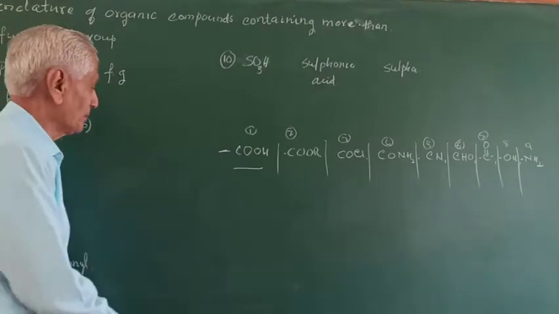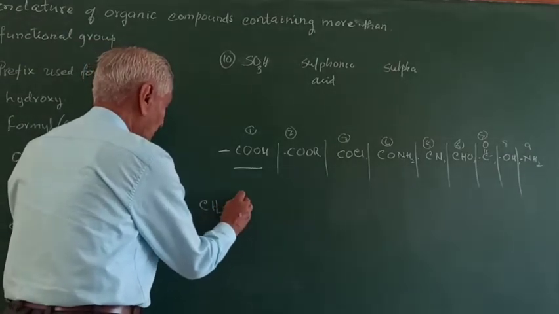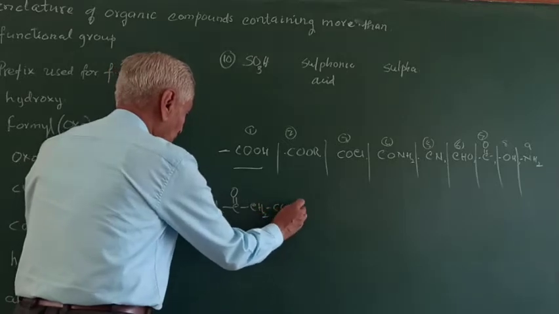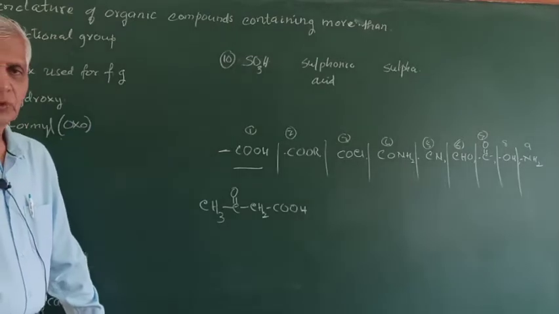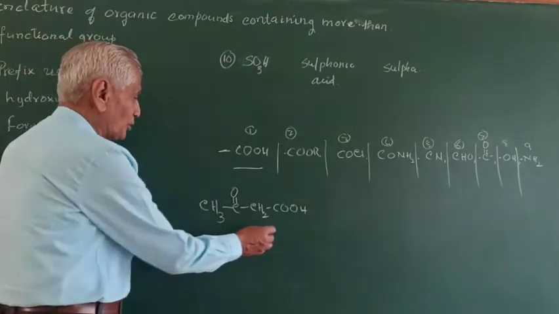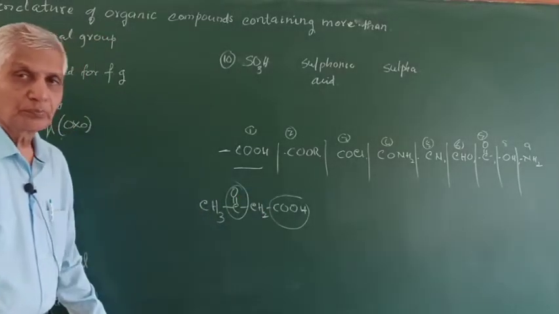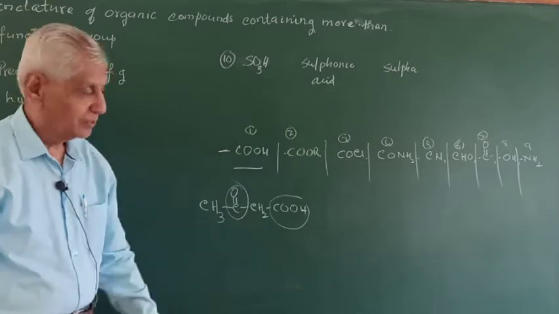Say for example, you have a compound like this. This compound contains two functional groups. Which will you select first? See this order.